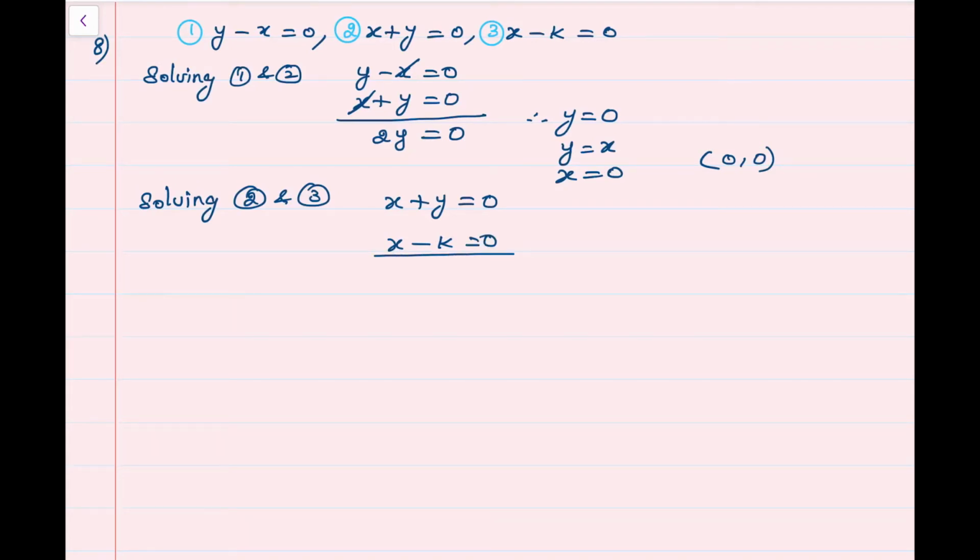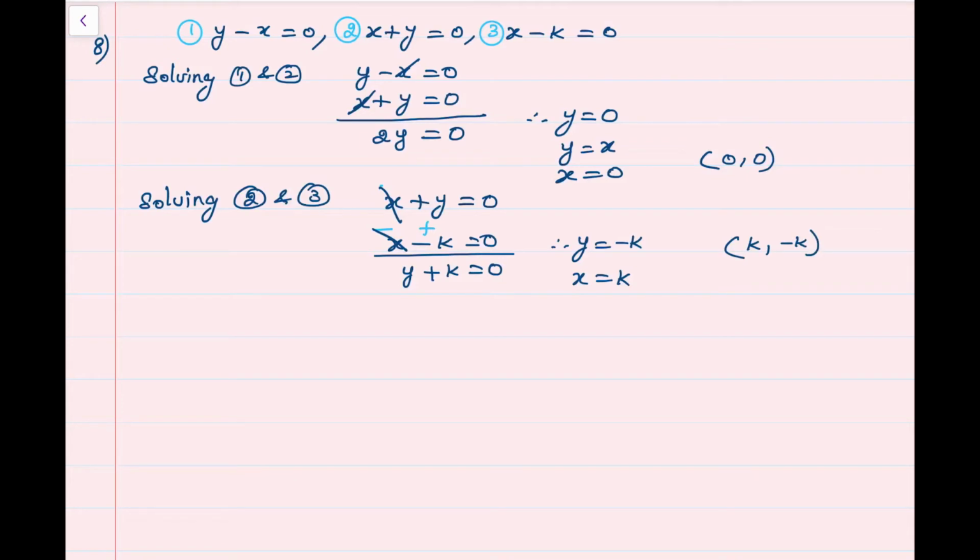We will subtract the equations, change the sign. x minus x are getting cancelled. y plus k is 0. Therefore, y coordinate is minus k. From the third equation, x coordinate is k. Therefore, the second point of intersection is (k, minus k).